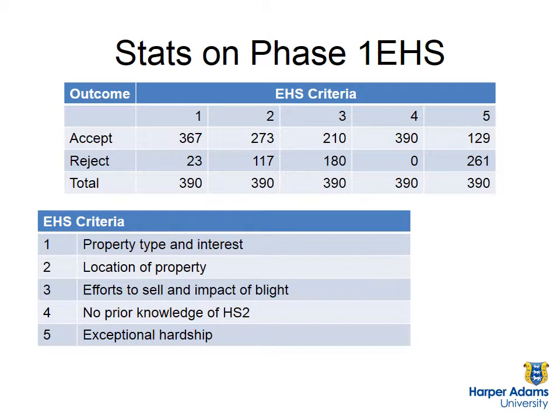Only 129 were accepted, whereas no applications were rejected on the grounds of no prior knowledge of HS2. Interesting statistics, particularly if you highlight that last criterion of exceptional hardship. A balance very much in favour then of your discretionary exceptional hardship application on Phase 1 being accepted.